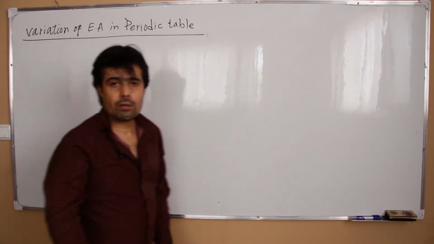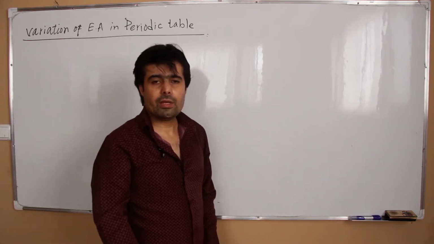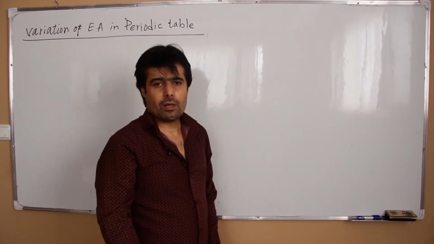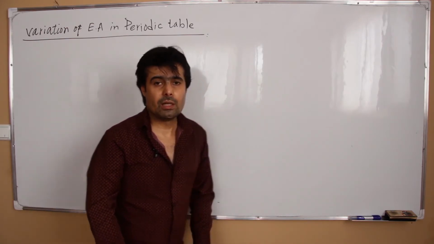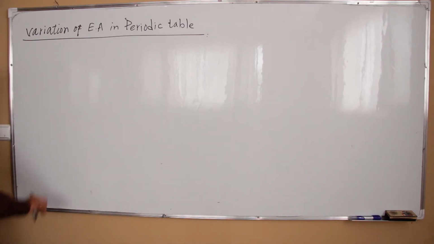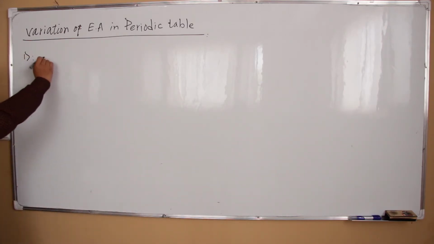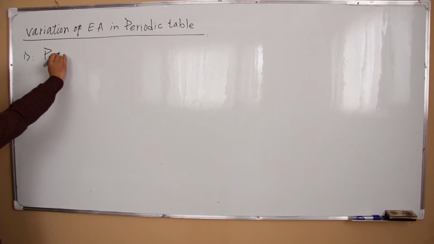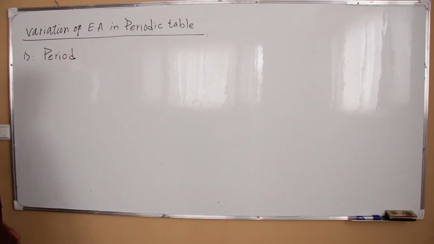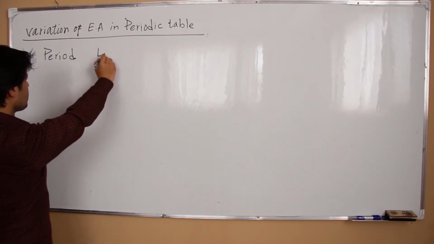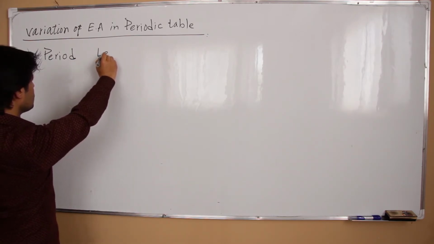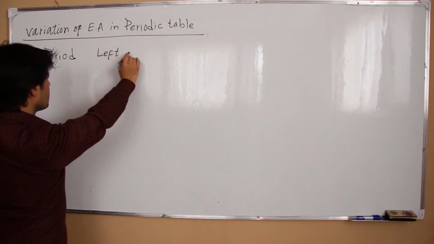Whenever you're talking about variations of any aspect of chemistry or physics in the periodic table, we mean first in a period, second in a group. Whenever we are talking about a period, I mean from left to right.